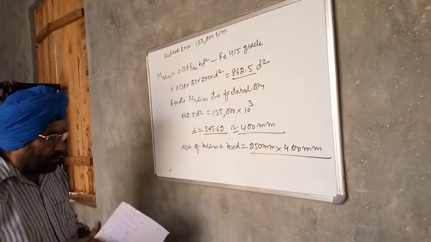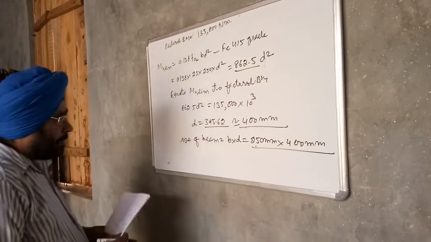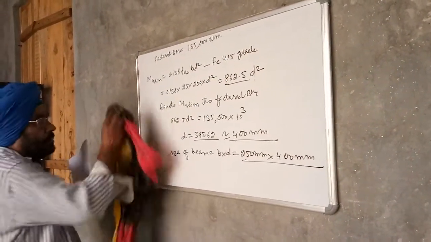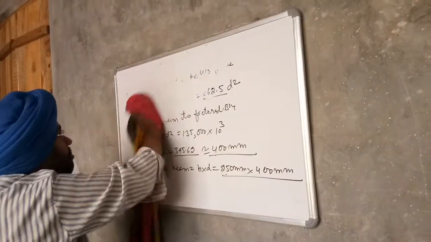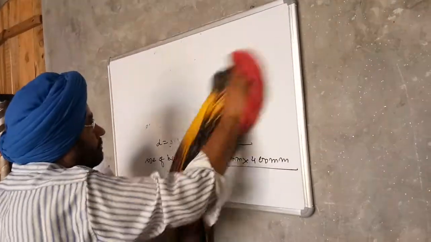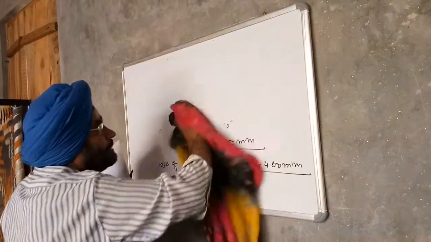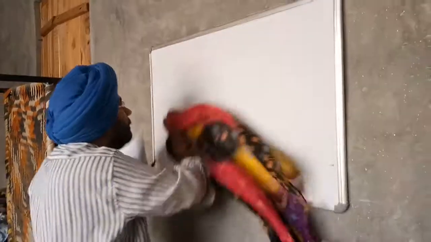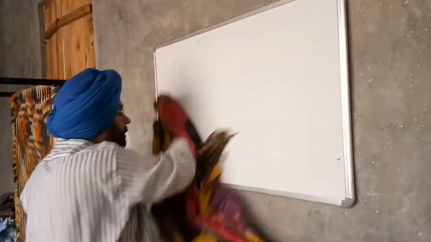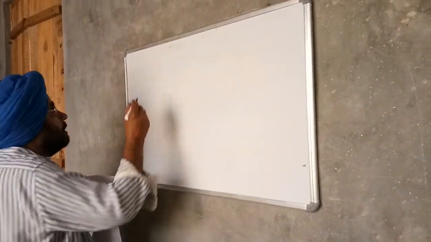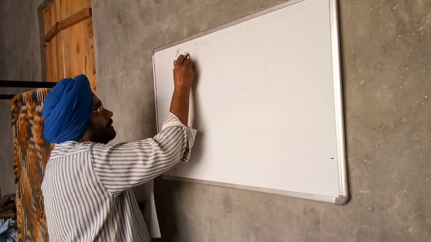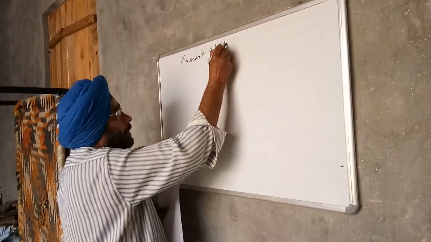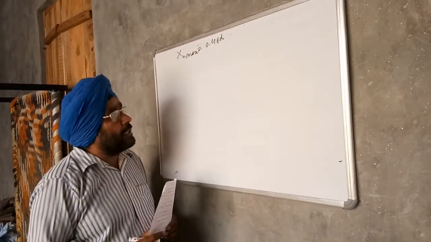So the second part of the question is to determine area of the steel. Then maximum depth of the neutral axis is 0.48 d for Fe 415 grade steel.